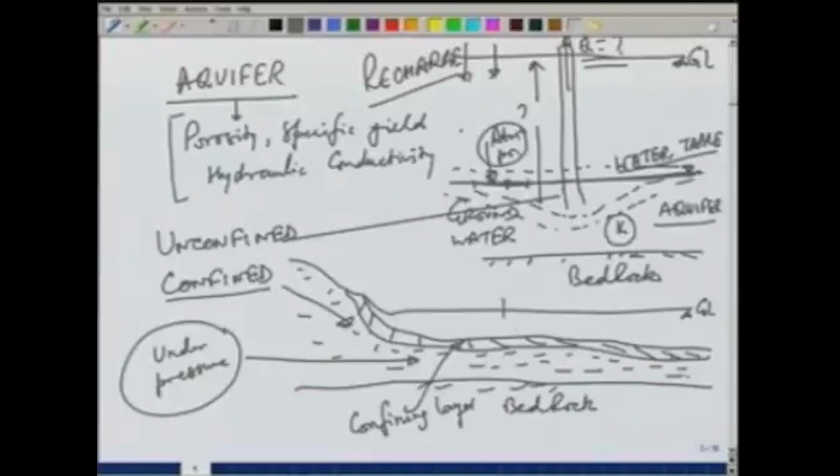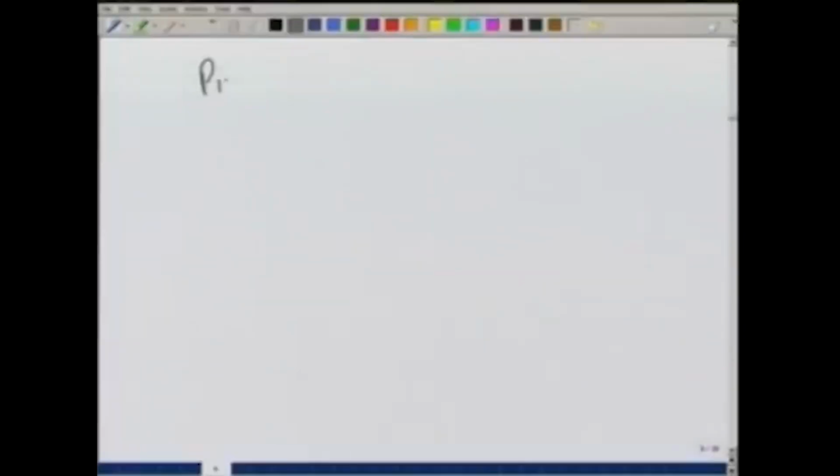And in terms of the movement of water, we can define a head which is known as the piezometric head. Let us look at this new term, piezometric head, which just means how much water will rise in a piezometer which is placed in the aquifer.